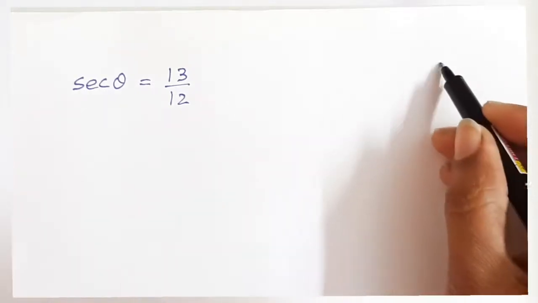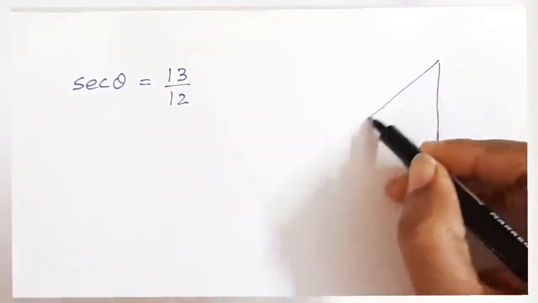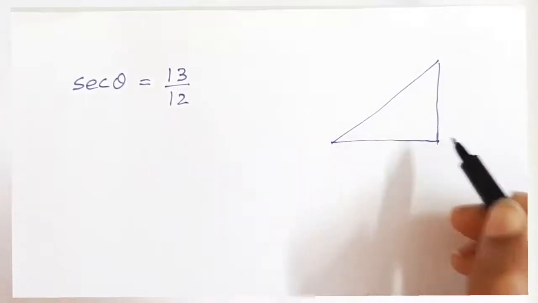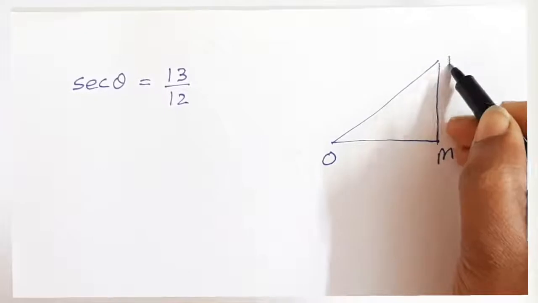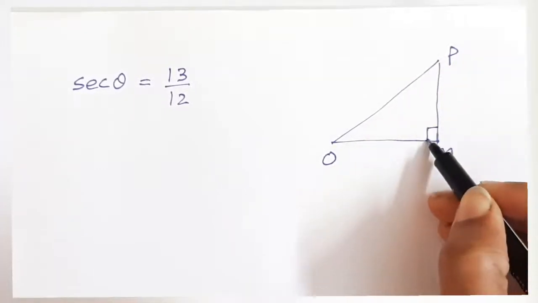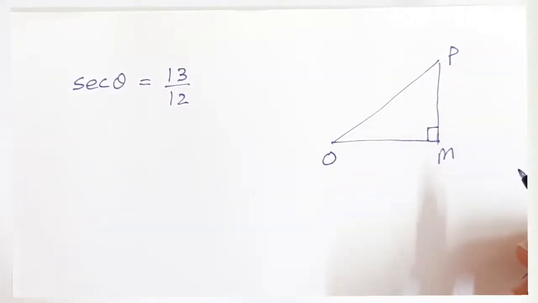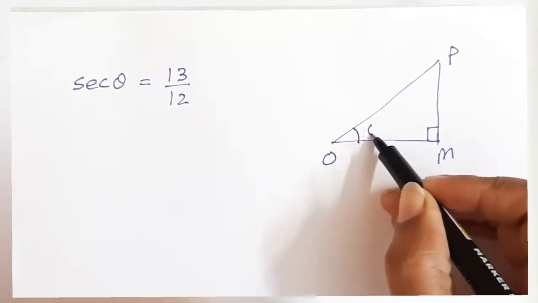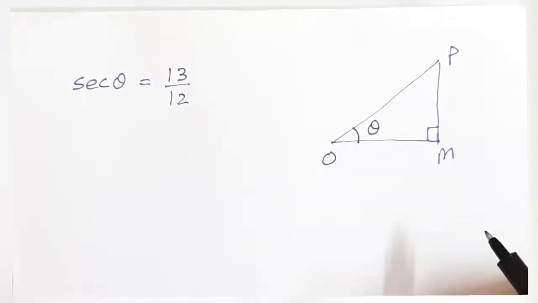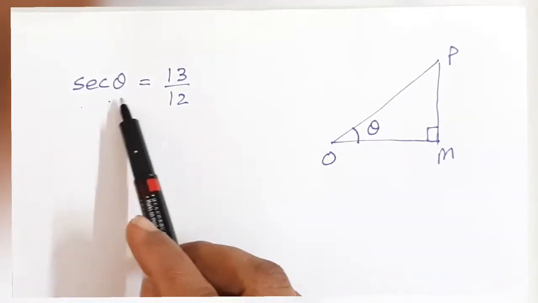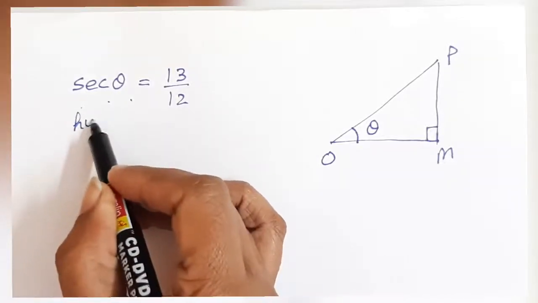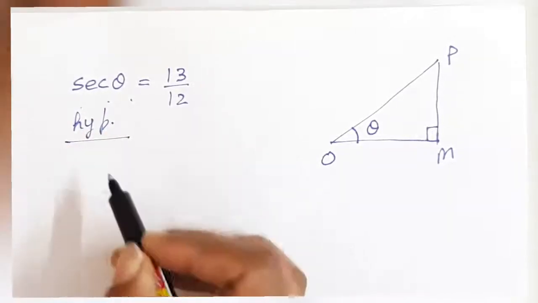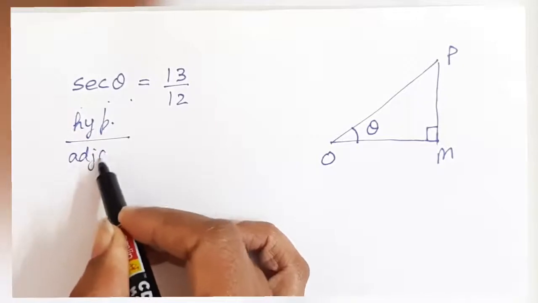Now let us make a right angle triangle first. Now in this right angle triangle, this is O, M and P, where angle M is 90 degrees and angle O is theta. Right? Now students, we know that secant theta is hypotenuse upon adjacent side.